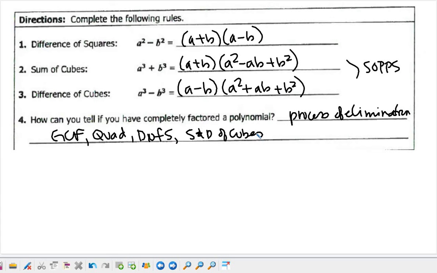If it is not in one of those categories, then it is factored as far as you're concerned. Now I know we have factor by grouping, but like I said, it's kind of an isolated skill that just pops up randomly, not as a means of solution, but as a means of just factoring. So GCF, quadratic, which includes bottoms up, difference of squares, and sum and difference of cubes. It has to fall into one of those categories or it is factored.